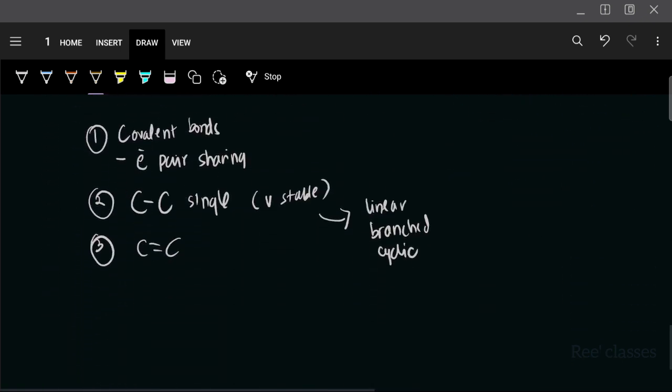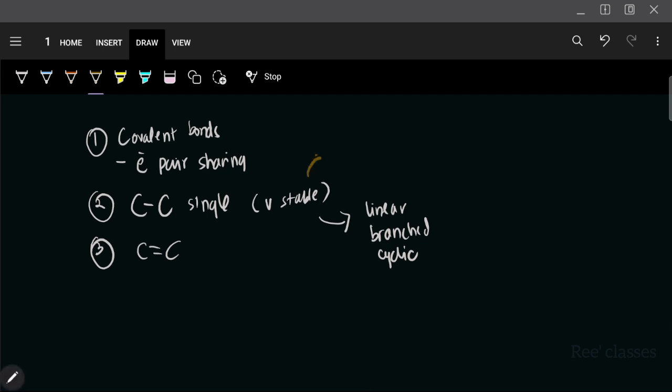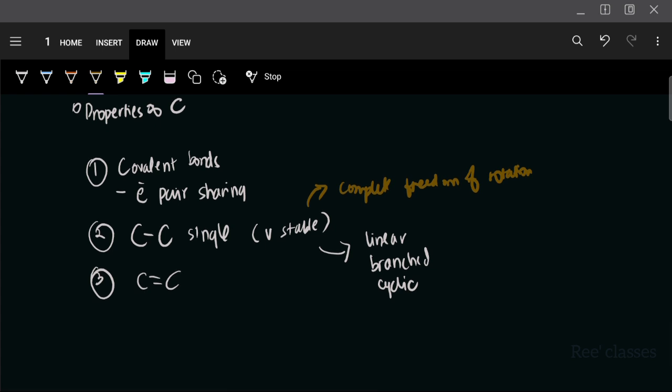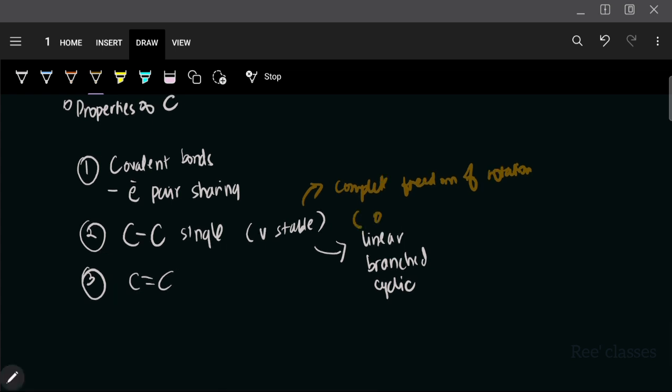Okay, so around these bonds you also have a complete freedom of rotation. So they can align anywhere, unless you have a large group that interferes. Also the bond length, if you want to know, it's 0.154 nanometer for this and 0.134 nanometer for this.